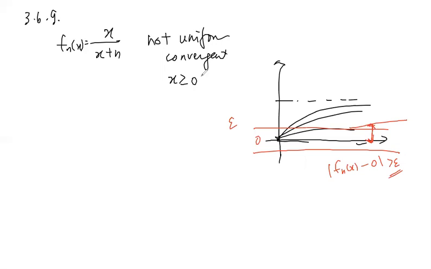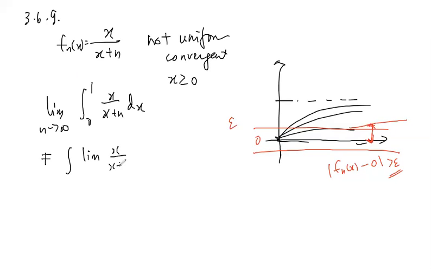So not uniformly convergent. So in this case, when you want to find this limit, you cannot write it like this, because x over x plus n is not uniformly convergent.